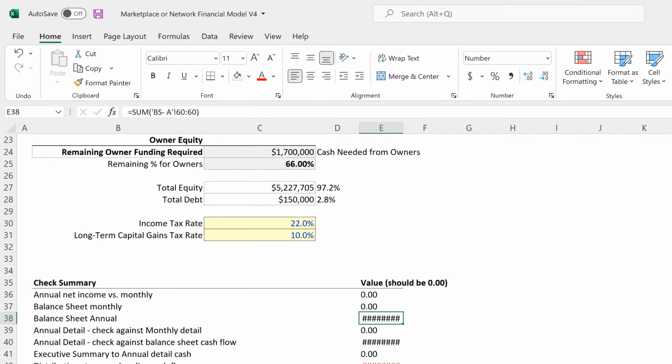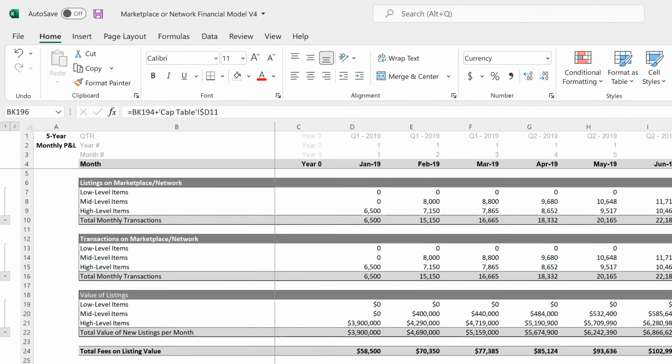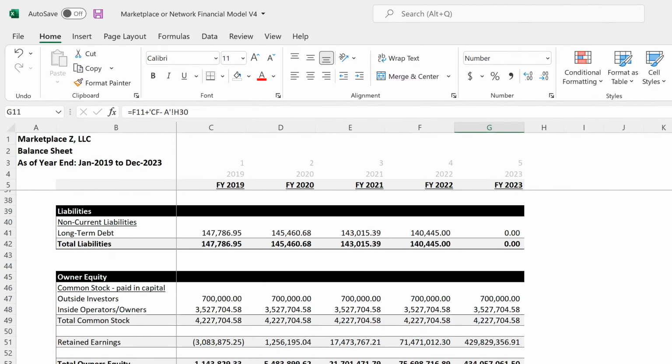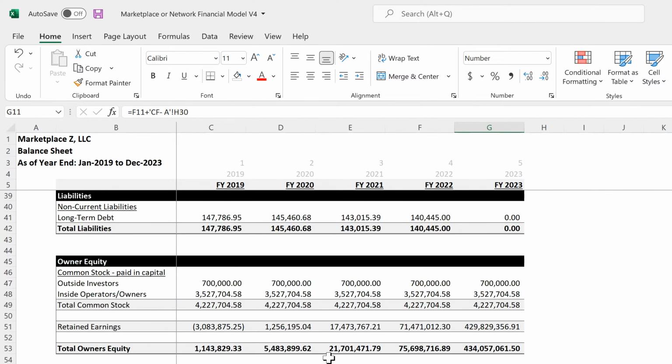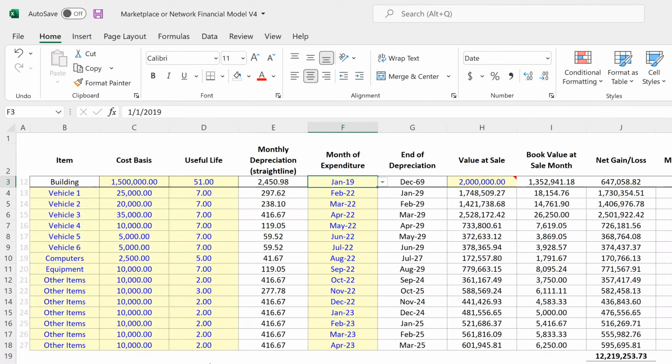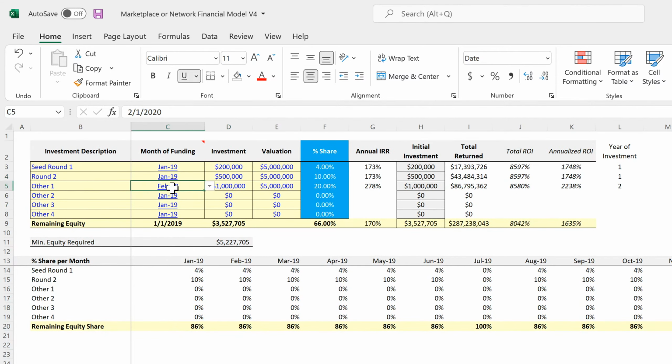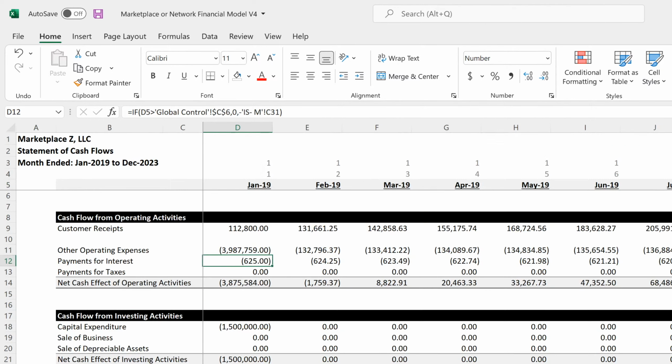Balance sheet 60. Oh, hold on, we have an issue. Balance sheet. We're off by $1 million here. So that's definitely an investment amount. Which one are we missing? February 2020. Why is this not coming in?